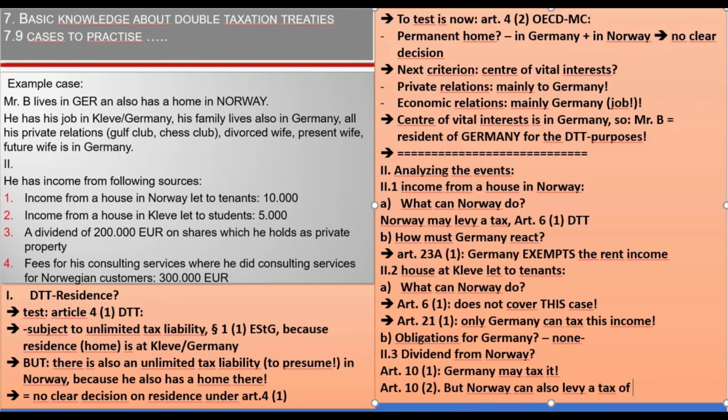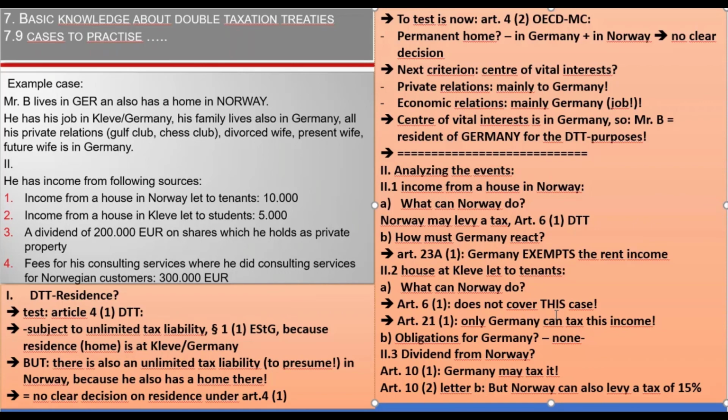So Norway, when you have a natural person as a shareholder, can levy a tax of 15%. That was, by the way, 10.2 letter B. If we can be more exact in the citation, we should be.